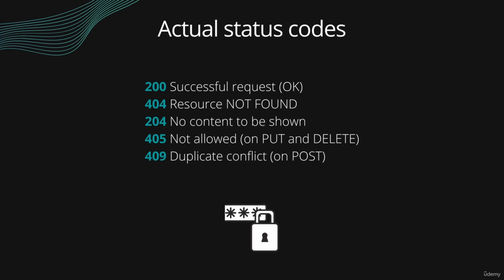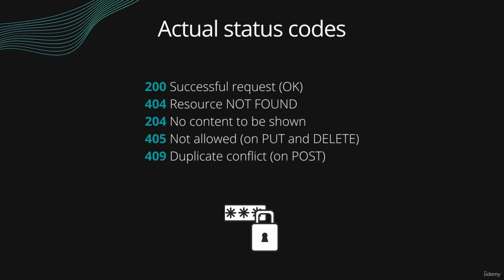For HTTP methods, if the request was executed with success, you would get a 200 return code. And this code is often accompanied by the OK keyword. And it means that everything was okay with your request, so the request was successfully accepted, received, and understood.